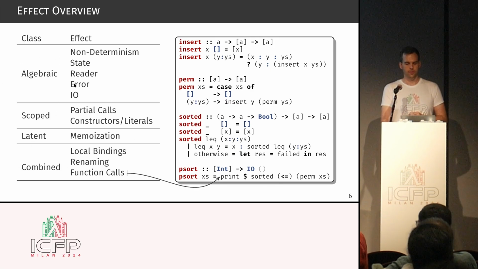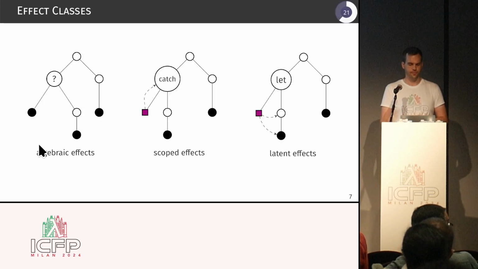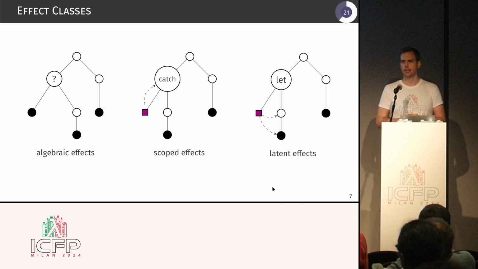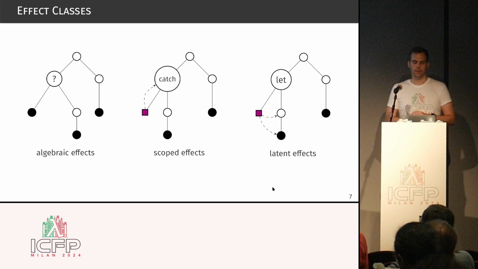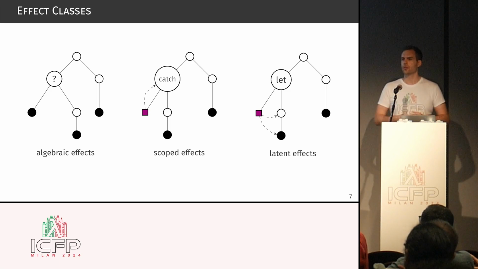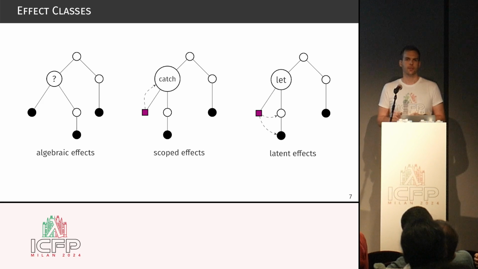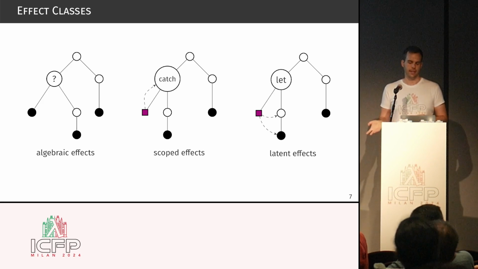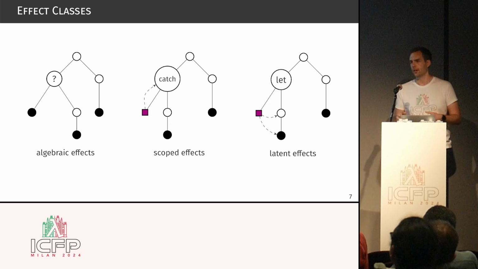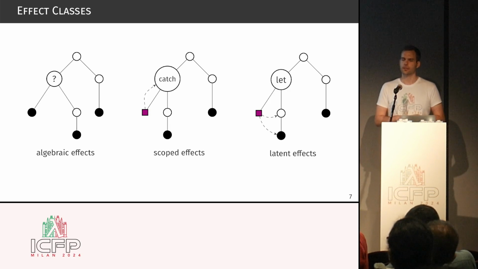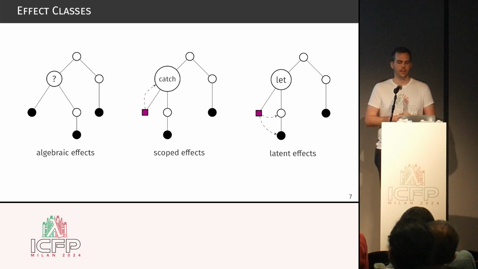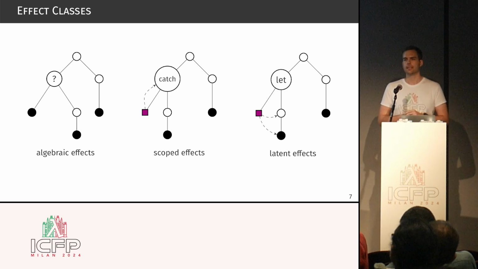So I promised to give a bit of explanation about these effect classes. When we're talking about effects, often we're saying algebraic effects. And I think it's fine as a term, but it's not really true always, because not all effects are algebraic.